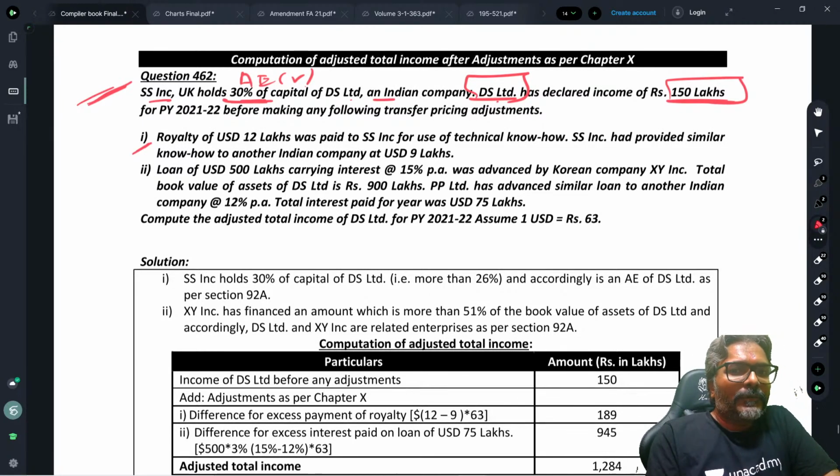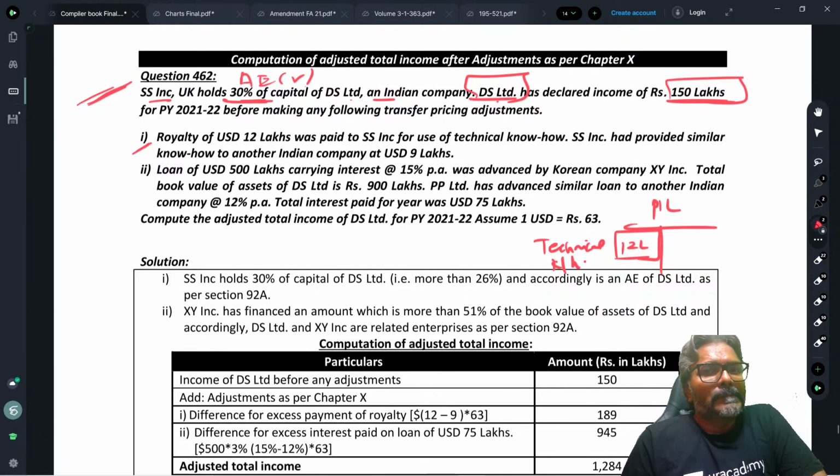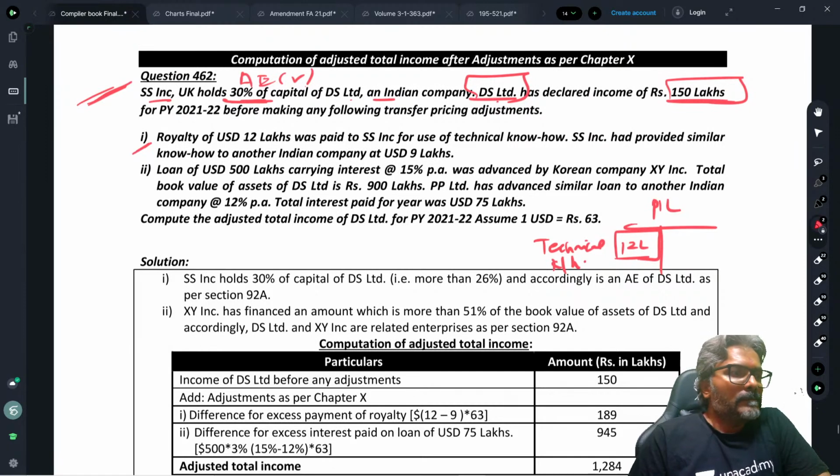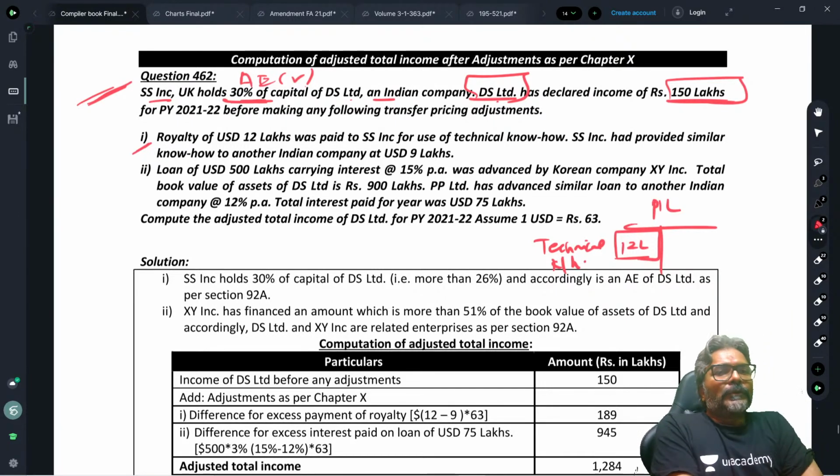So in the profit and loss account, debit, how much is the amount? 12 lakhs. So royalty of US dollar 12 lakhs was paid to SSINC Inc. for use of technical know-how.